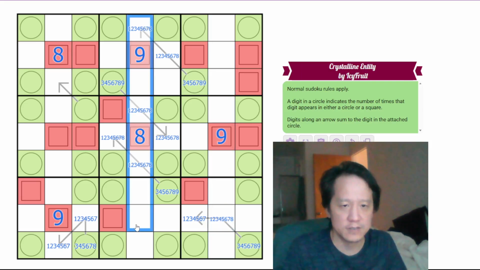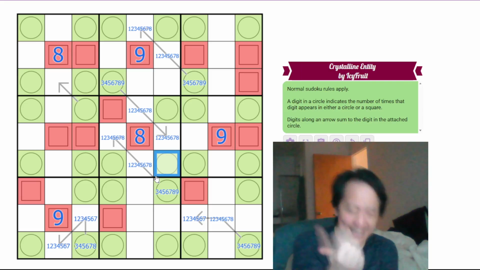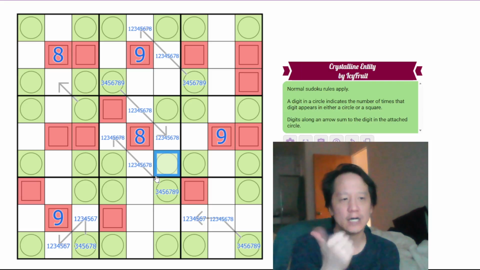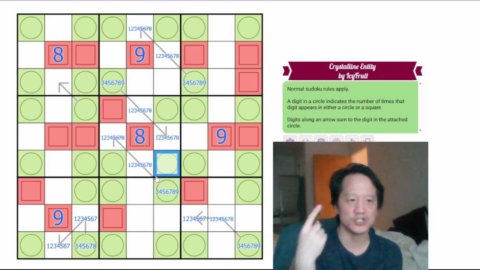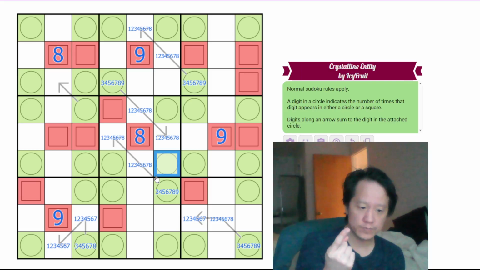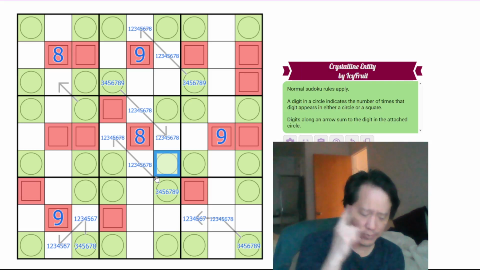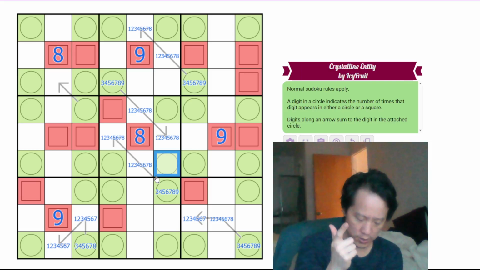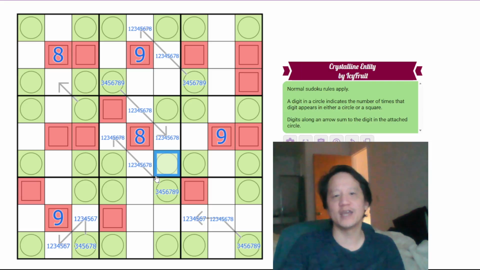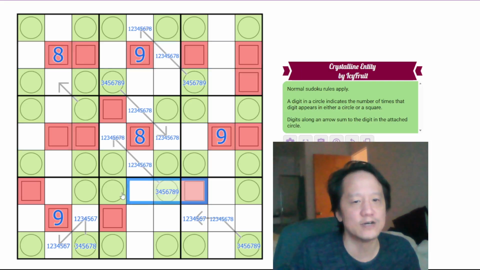for 8. Now the question is 7. Can 7 by itself add more digits if it's the only digit not in a circle? And the answer is no. Because... oh, but it could be with 1 and 7. 1 and 7 could work. 7 by itself can't, because you can only have 6 squares by itself.